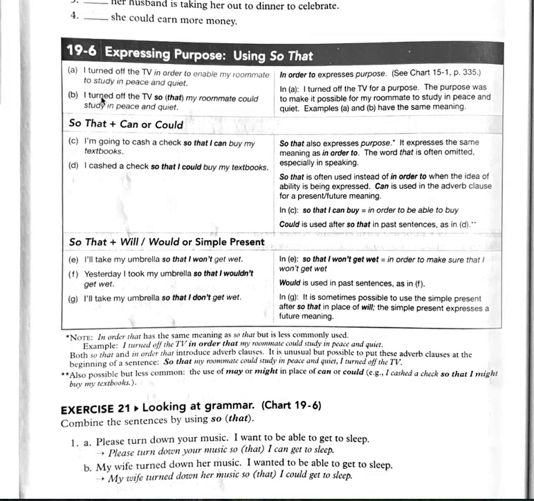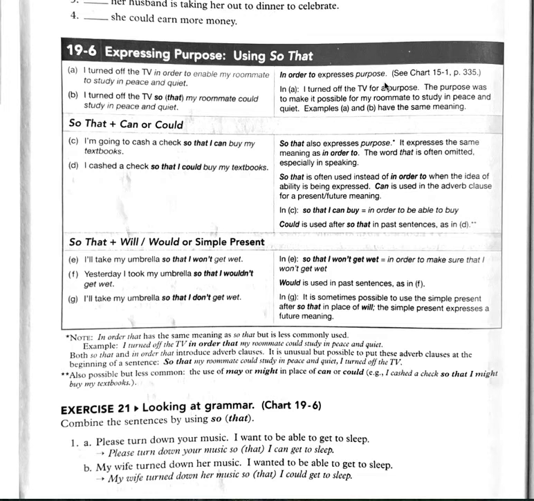And B, I turned off the TV so that my roommate could study in peace and quiet, or I turned off the TV so my roommate could study in peace and quiet. In order to expresses a purpose. Why did you turn off the TV? To enable my roommate to study in peace and quiet. See, that's your purpose.